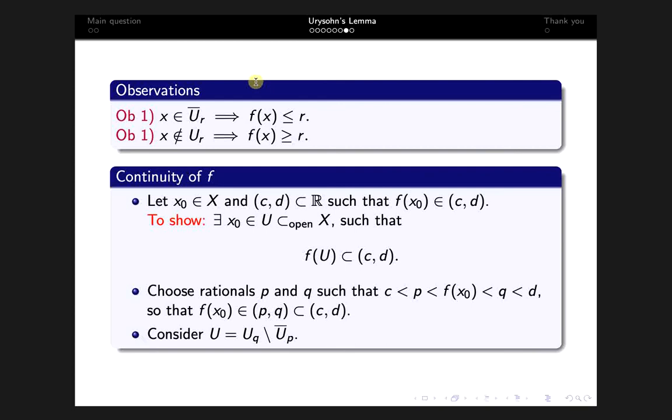Therefore the infimum of Q of x should be at most R. So f of x is less than or equal to R.